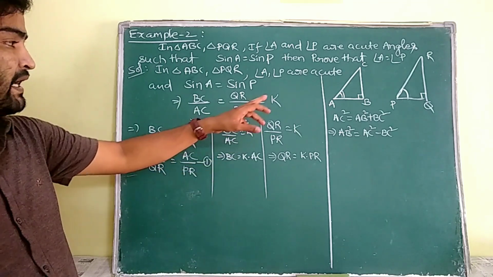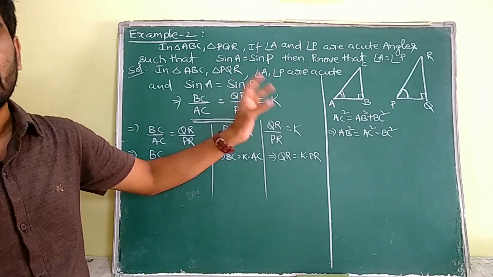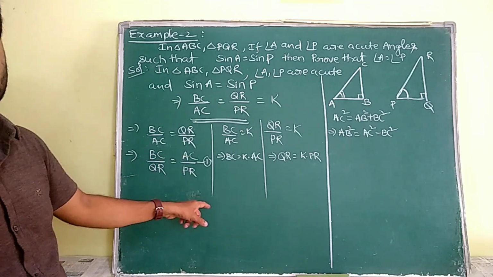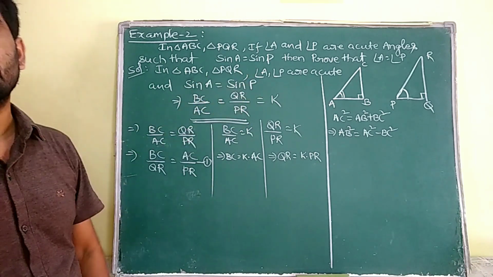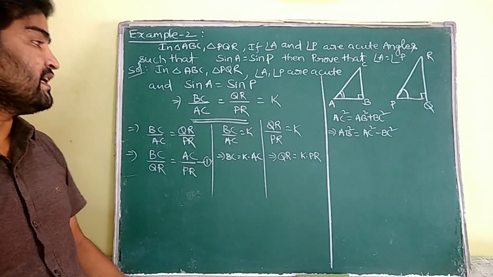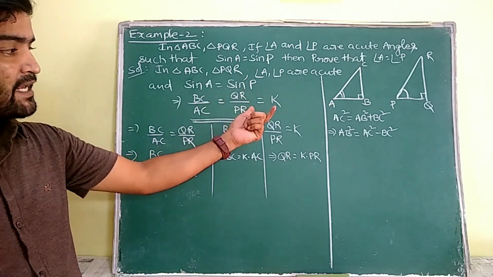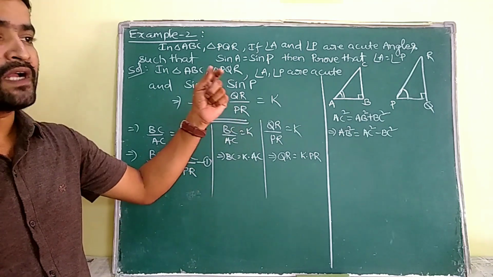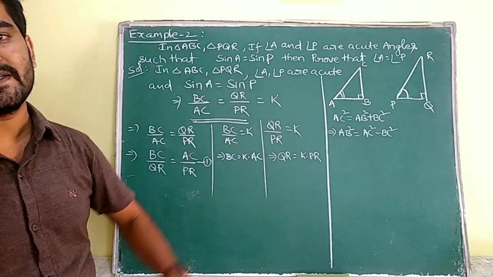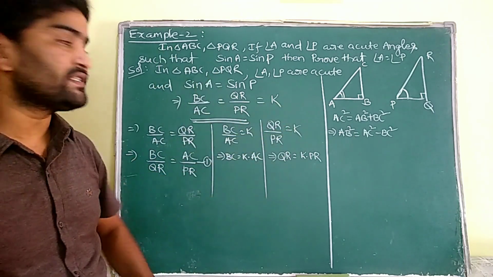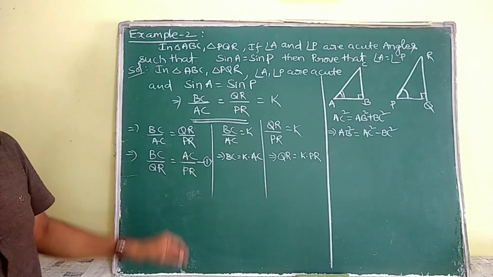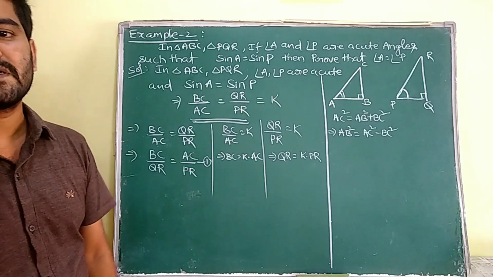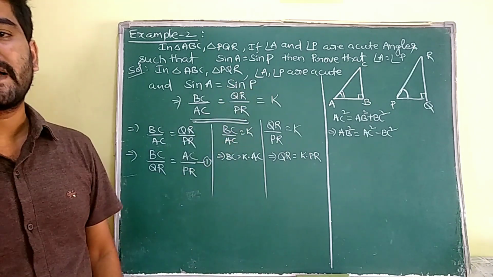Now I have to calculate AB by PQ. If that AB by PQ value is equal to any one of these two ratios, then those two triangles become similar. For that I am going to find what is AB and what is PQ in the two triangles. Then I am going to calculate the ratio of those two sides. Then if that ratio is equal to any one of these two ratios, those two triangles become similar. Now if those two triangles are similar, then the corresponding angles are equal.